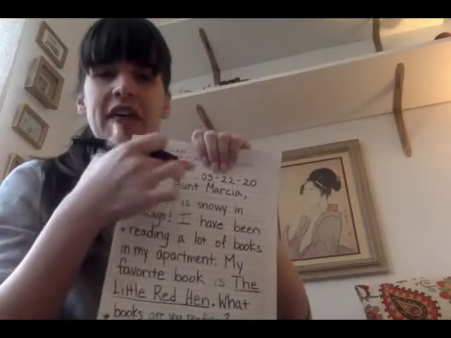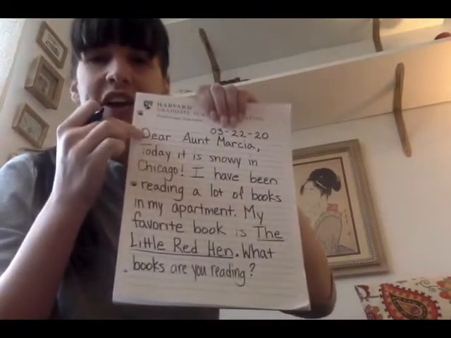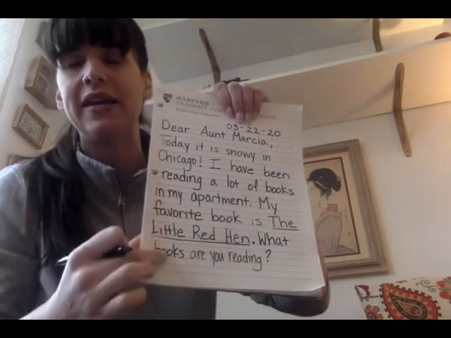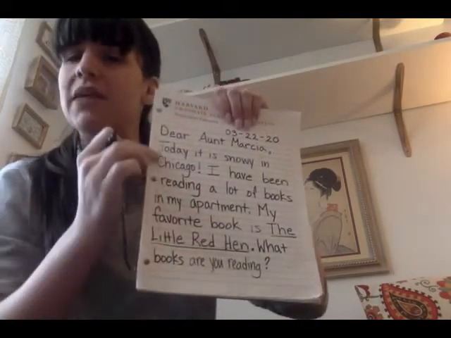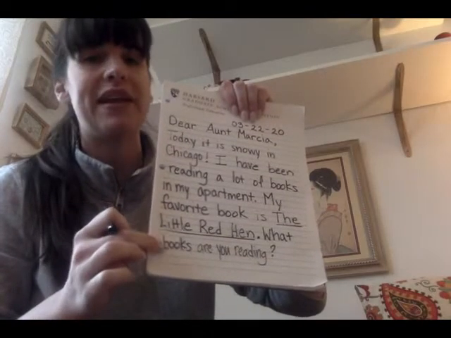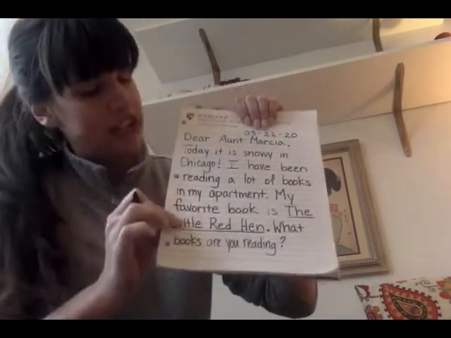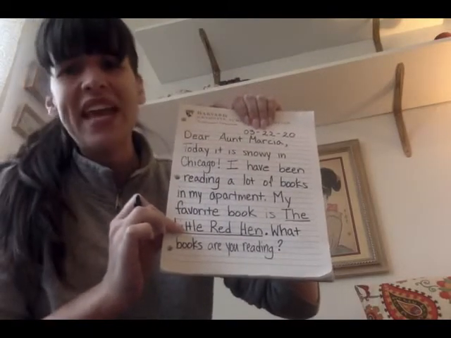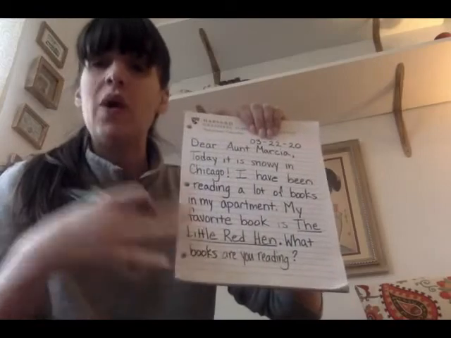So I have the date when I'm writing the letter. I have the greeting, Dear Aunt Marcia, who the letter is to. I have the body of my letter where I'm telling my Aunt Marcia things. I'm telling her about the weather and what I've been doing in my apartment, and I'm asking her a question about what she's been doing. And then you have to do a closing.